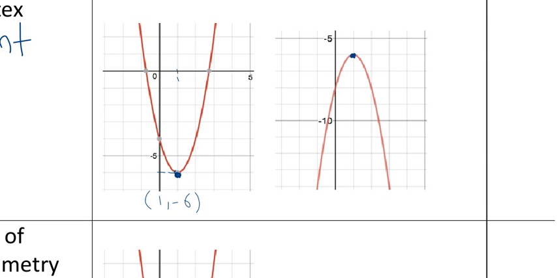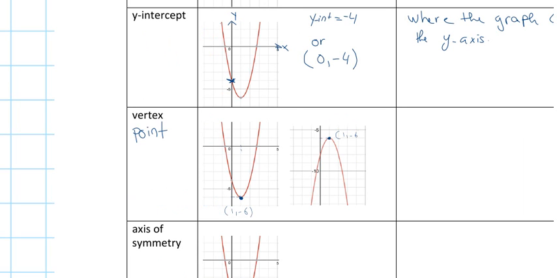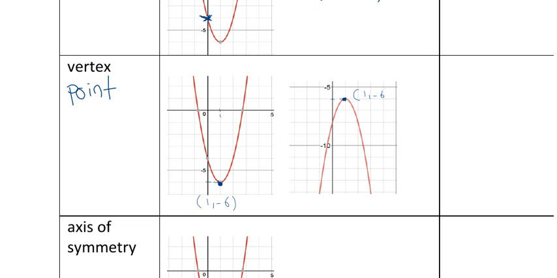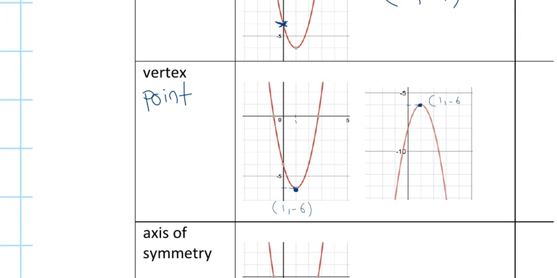And this is also (1, -6). Okay? So if I'm going to write this in a general format, later on when we do our other lessons, you'll know why I'm using these letters. We usually represent the vertex as (h, k), where h is your x value and k is your y value. And as I said, you will know why we're using h and k as letters.